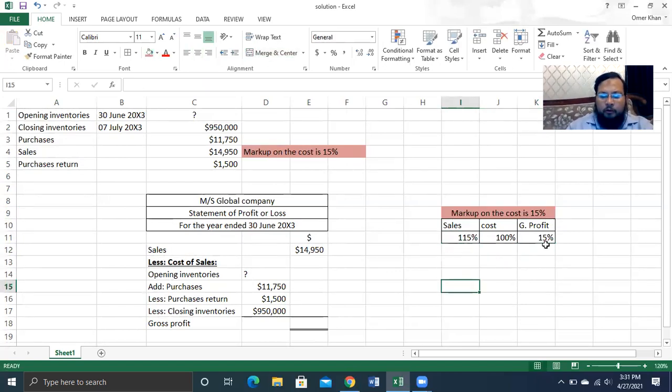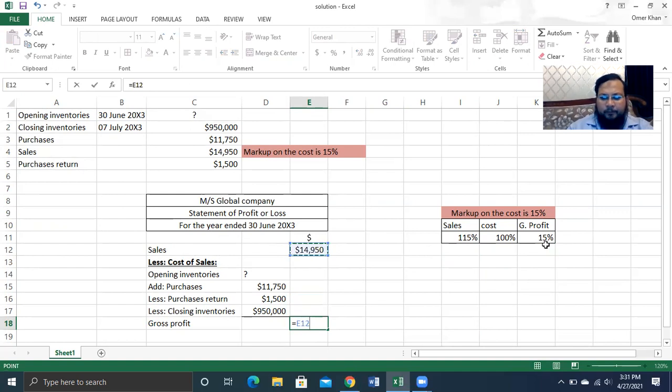So how do you calculate the gross profit? Just pay attention. Is equal to, use this value, sales, divide this value by the percentage of the sales, which is 115%, and multiply it with the gross profit percentage, which is 15%.